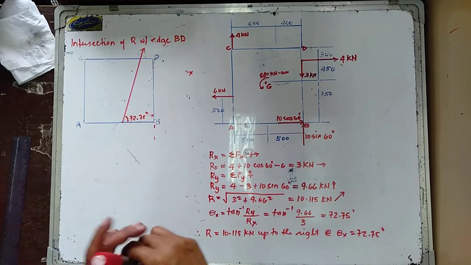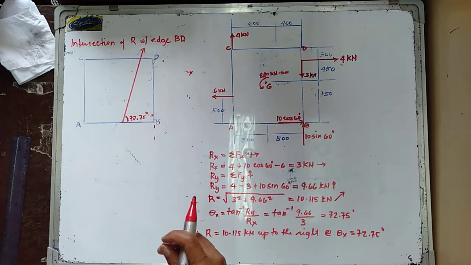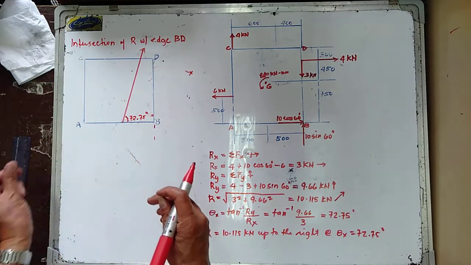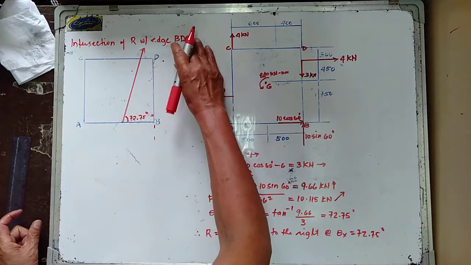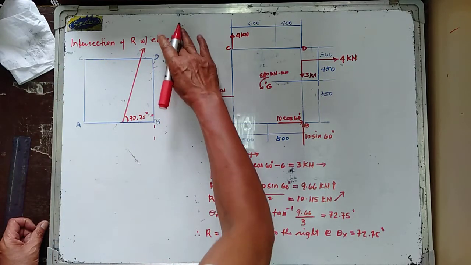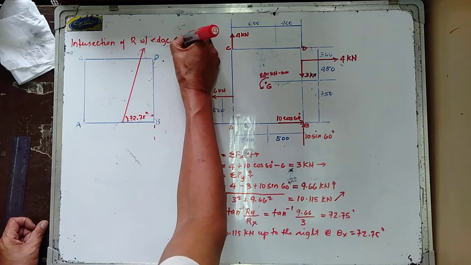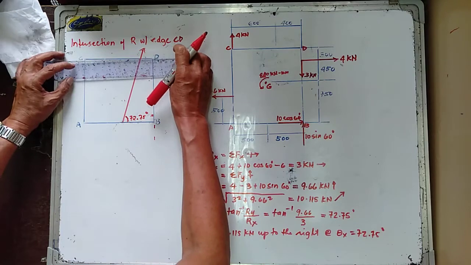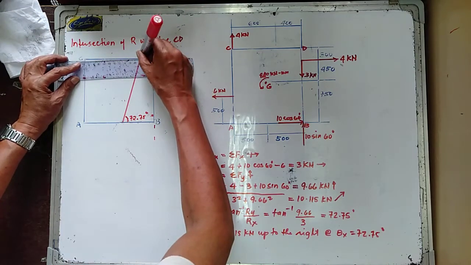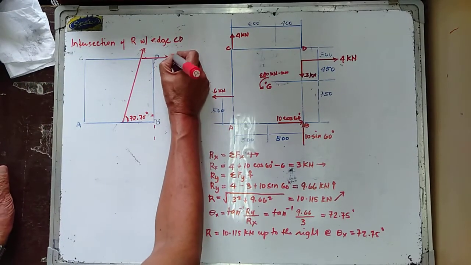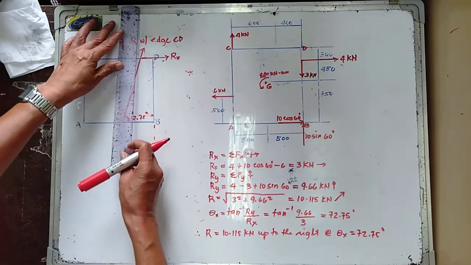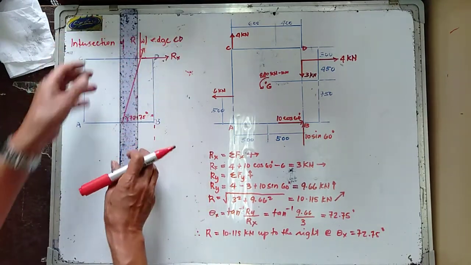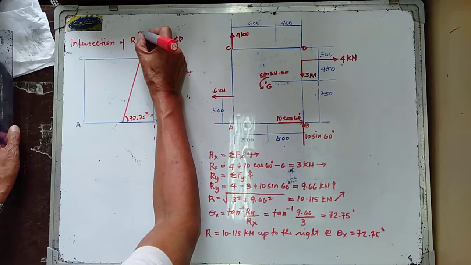Now, let us try to see whether the resultant force intersects edge CD. So that is now your edge CD. So I am going to resolve the component of the resultant at this point. So this is now your Rx. And this one in here is now your Ry.